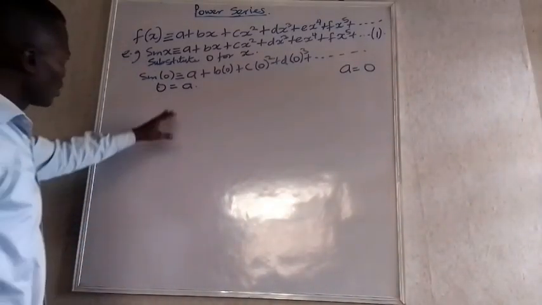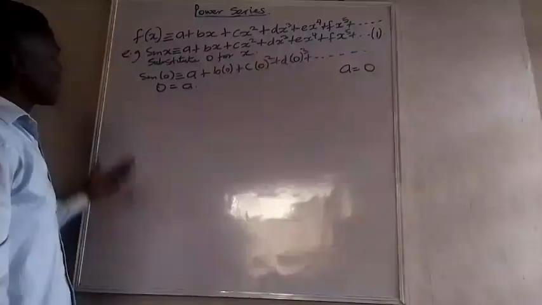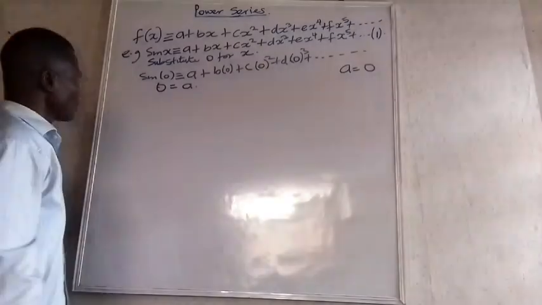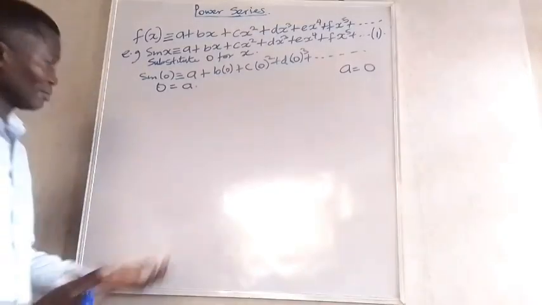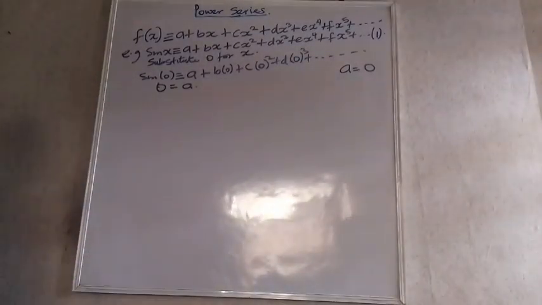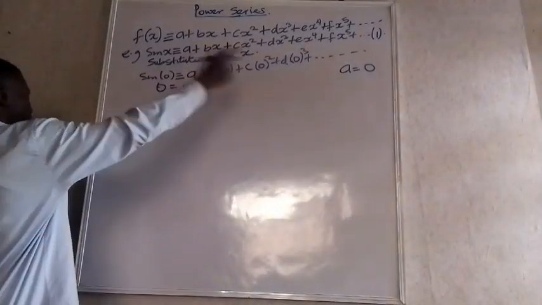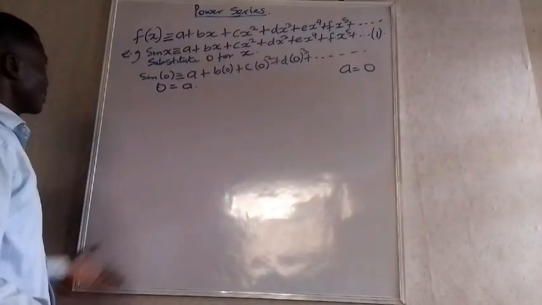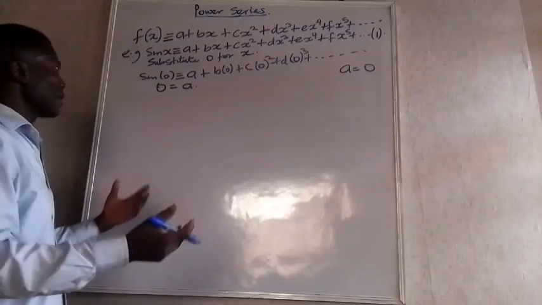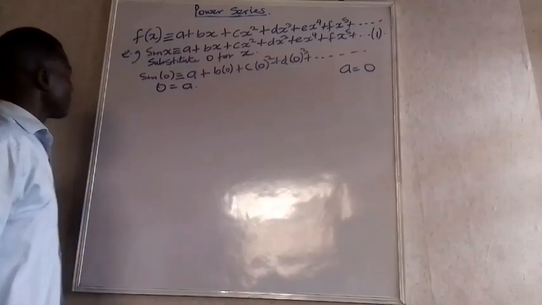Now, I have known what a is. How can I know the other coefficients? After thinking very well, the mathematicians, when they were discussing, somebody just suggested differentiate. And when they differentiated, they realized that the constants will disappear, and from there they can still work it out again.